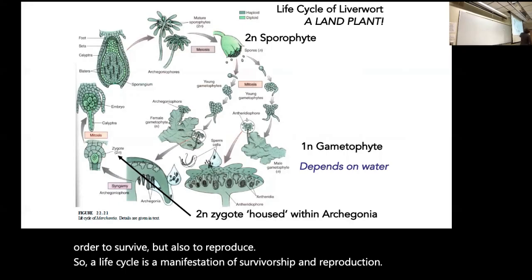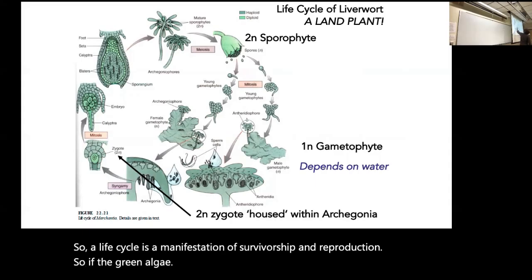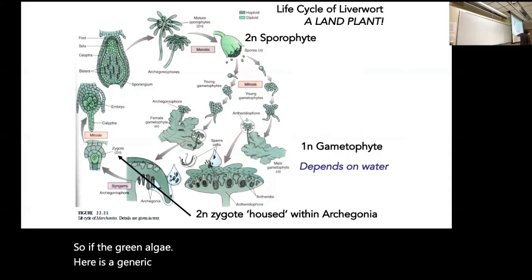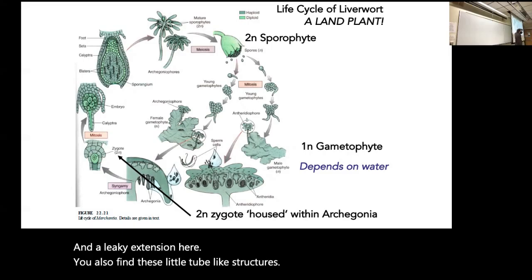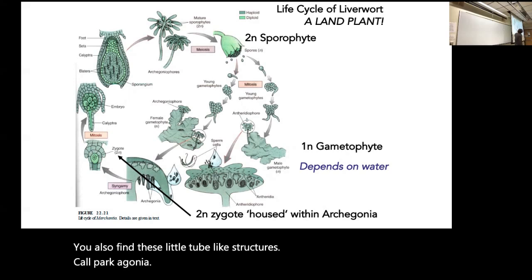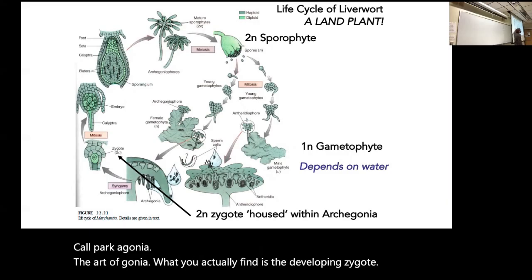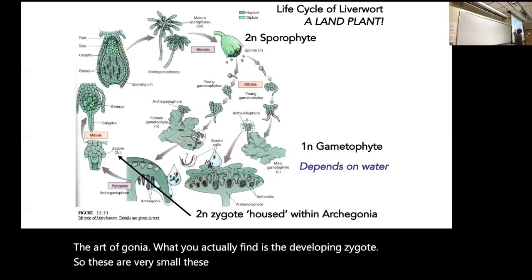Here is a generic life cycle for a liverwort. So within the liverwort itself, in this green and leafy extension here, you also find these little tube-like structures. They're called archegonia. And within the archegonia, what you actually find is the developing zygote. Okay? So these are very small. These are relatively minute.